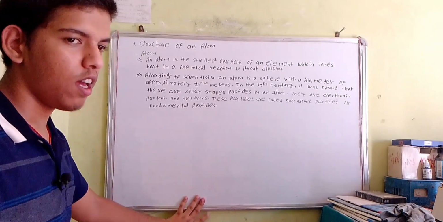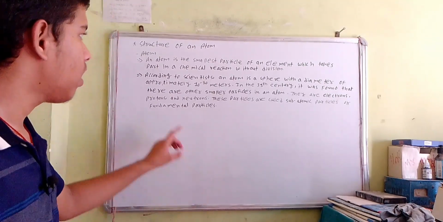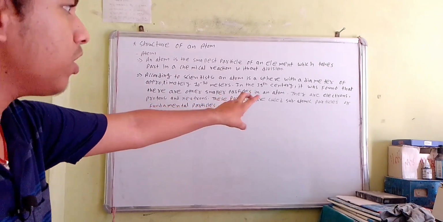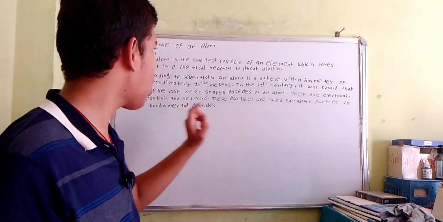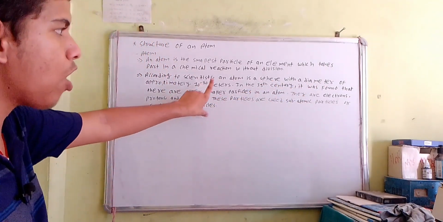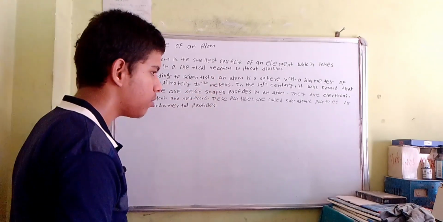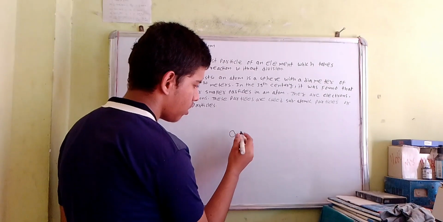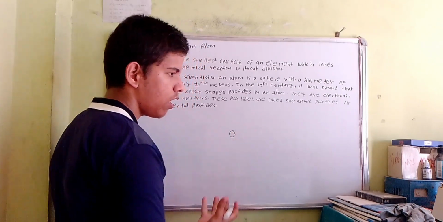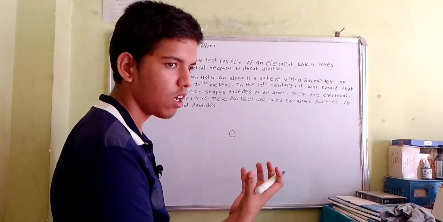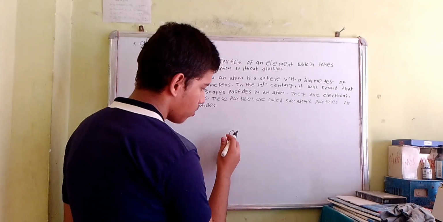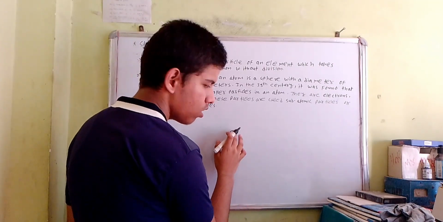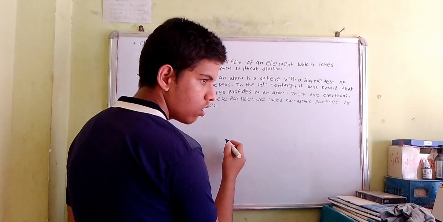According to scientists, an atom is a sphere with a diameter of approximately 10 to the power minus 10 meters. An atom is like a sphere. It is not like a circle. It is like a ball. How can you draw a sphere?